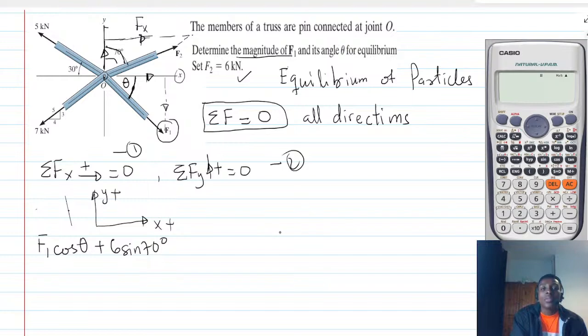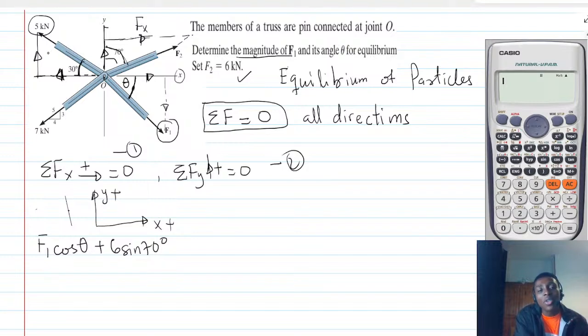All right. Now again with the 5 kilonewton force, the angle is 30 degrees. Now watch this. You can see that the angle the force makes with the x-axis is 30 degrees. But the x component will come somewhere here, and then the y component will go up like this.